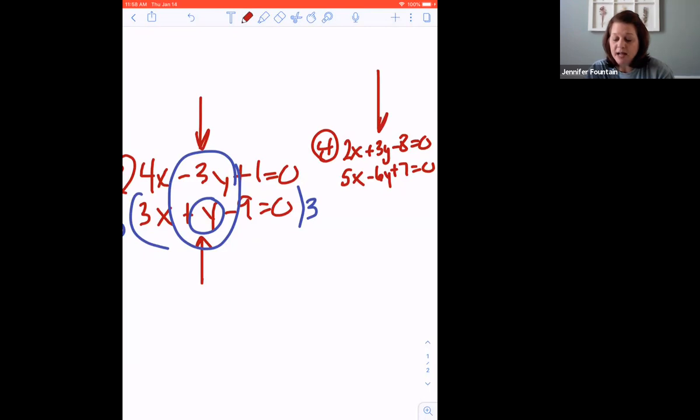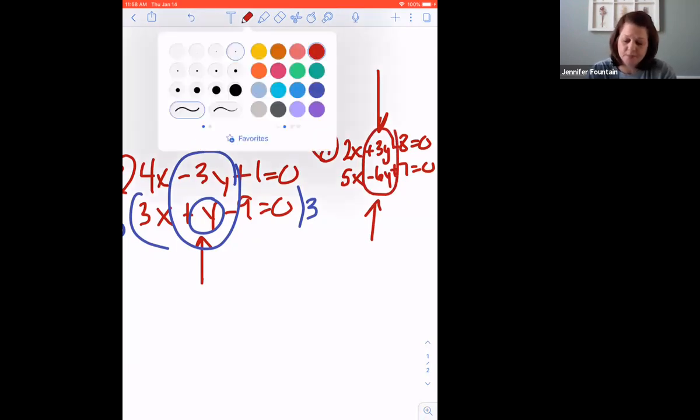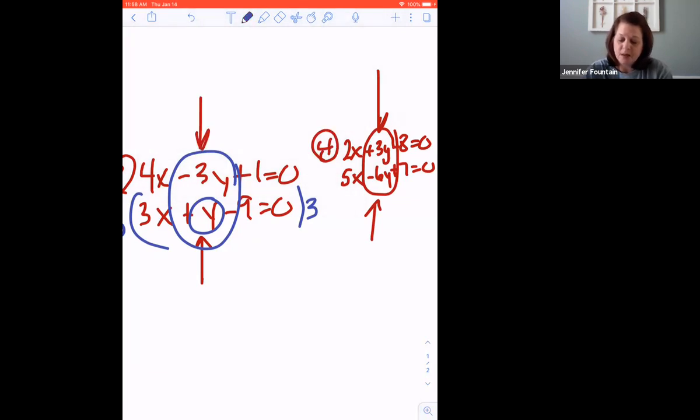But if I look at my y terms, I have a positive 3y and a negative 6y. So what can I multiply my first equation by to make opposites with negative 6y? If I multiply my first equation by 2, I'm going to end up with a positive 6y. Then I can cancel that with negative 6y.